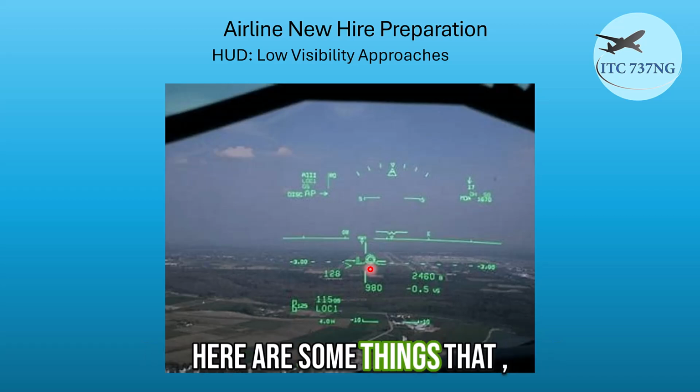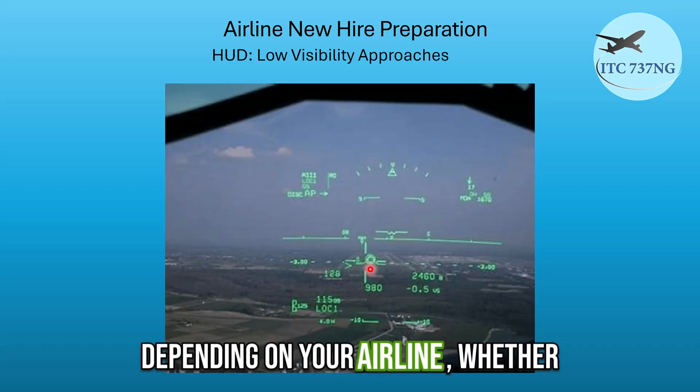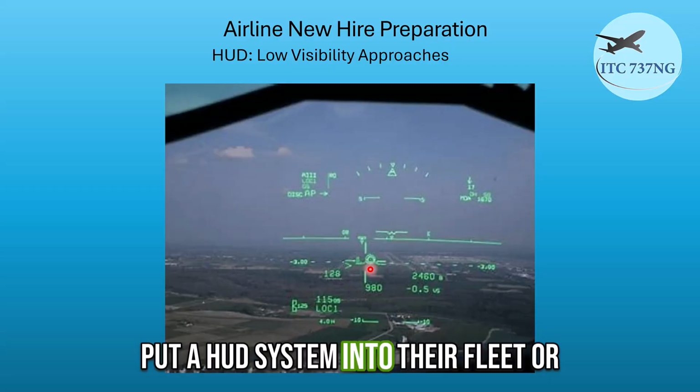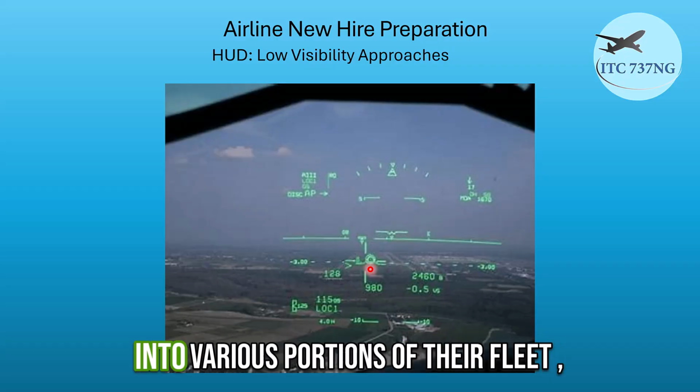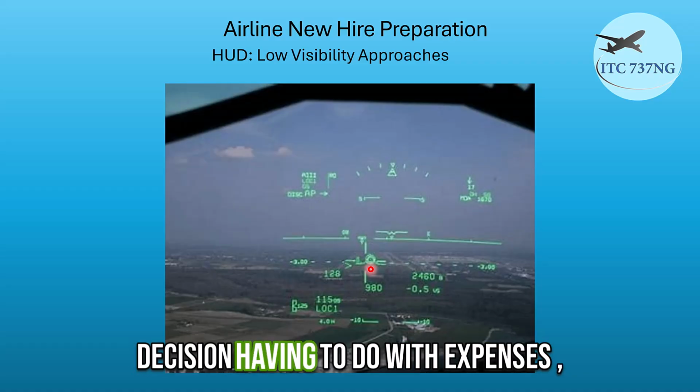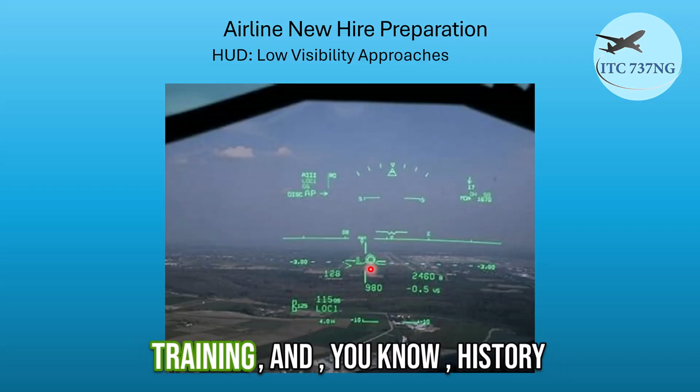Now, depending on your airline, whether they have made the investment to put a HUD system into their fleet or into various portions of their fleet, that becomes a flight operations decision having to do with expenses, training, and history within the airline.